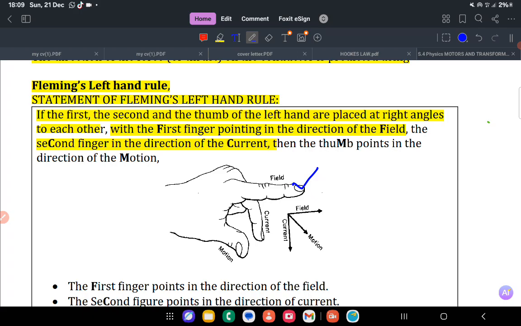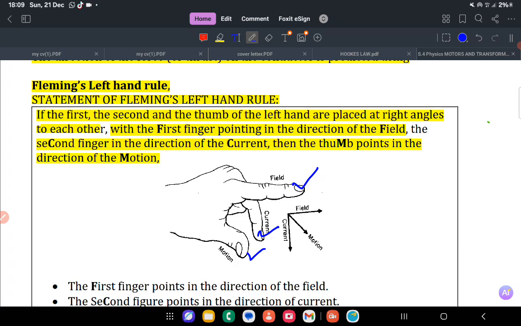The second finger is this one. Then the thumb is going to point in the direction of motion of the wire. So your thumb is this one here.